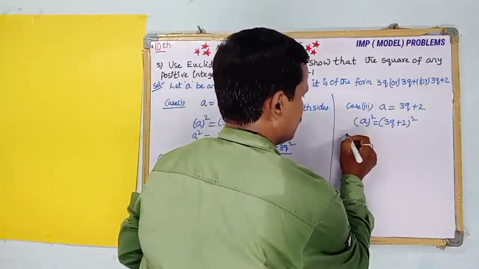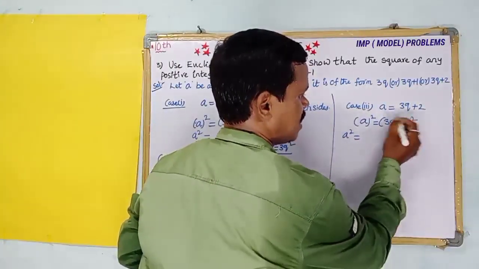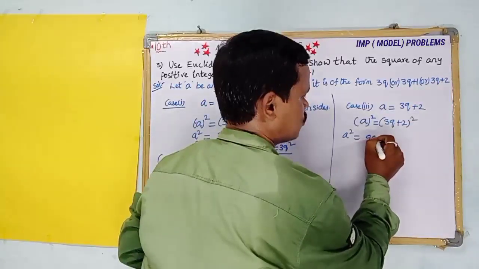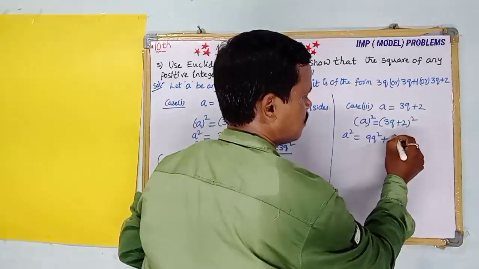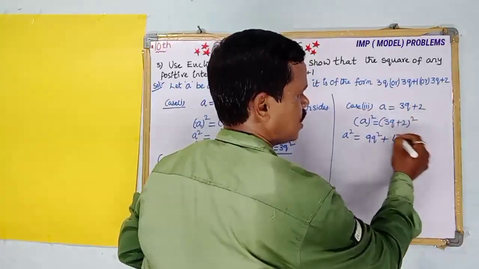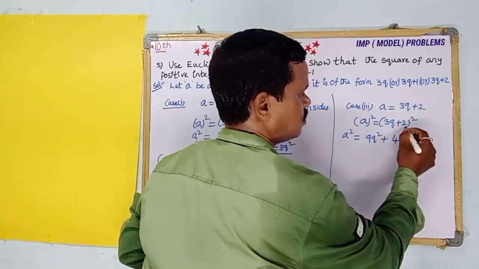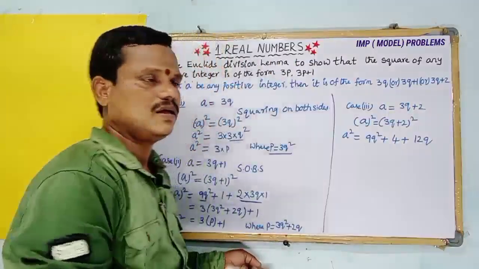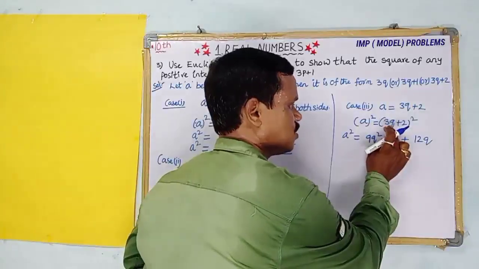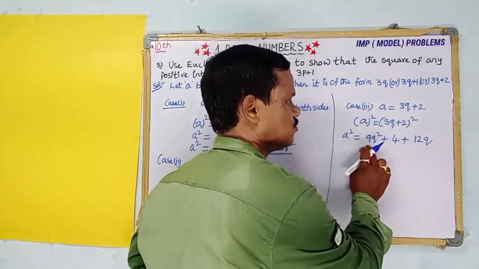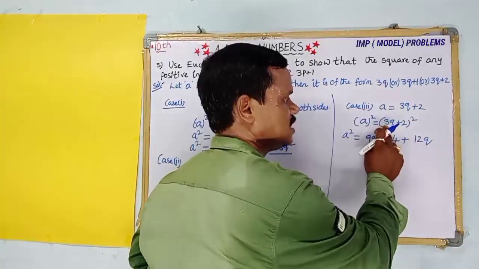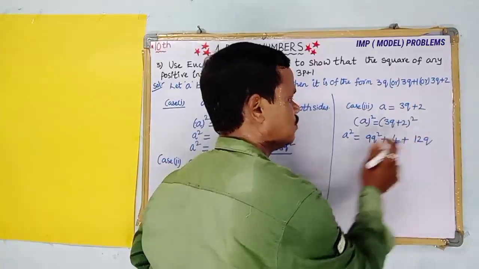Okay, a plus b whole square means 3q square means 9q square plus 2 square means 4 plus 2ab means 2 into 3q into 2 means 12q. Okay, a plus b whole square means a square, 3q square means 3 square into q square and 9q square. 2 square means 4. 2ab, 2 3s are 6, 6 2s are 12, 12q.